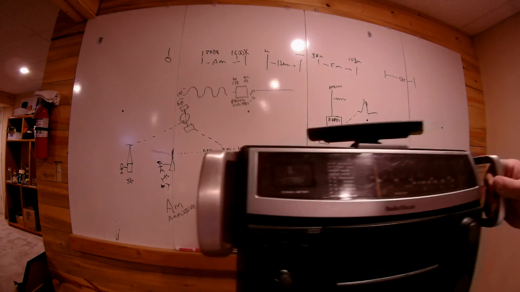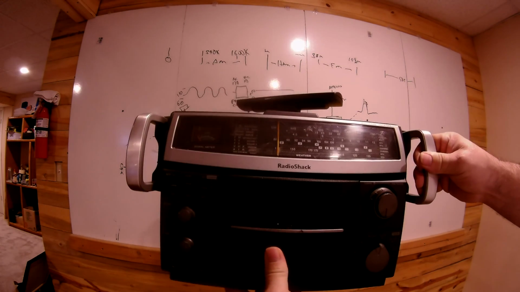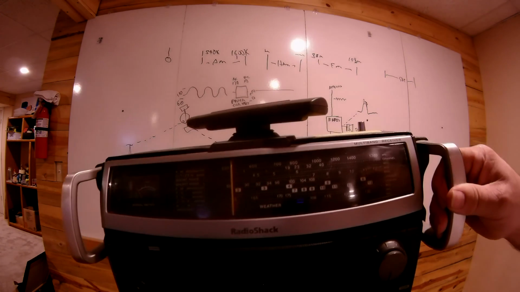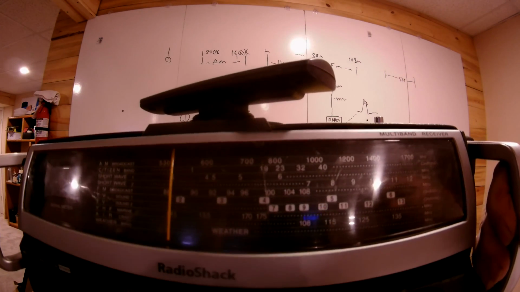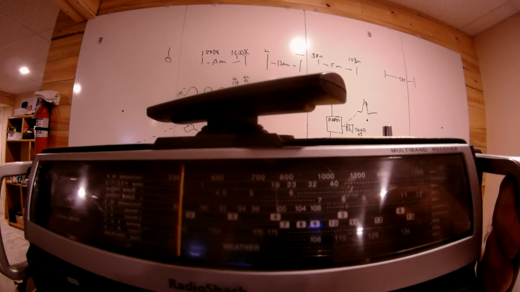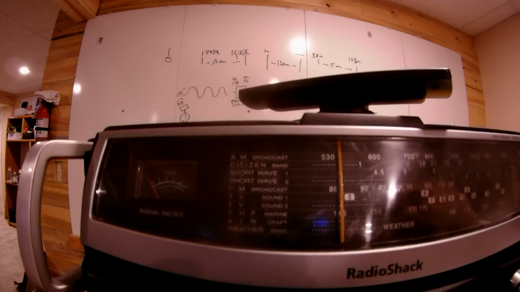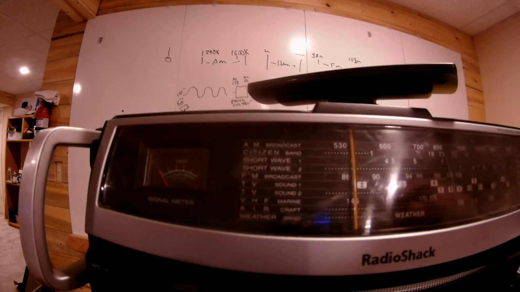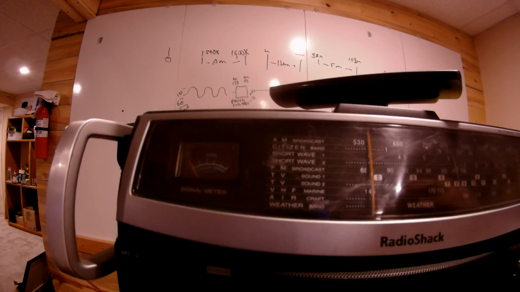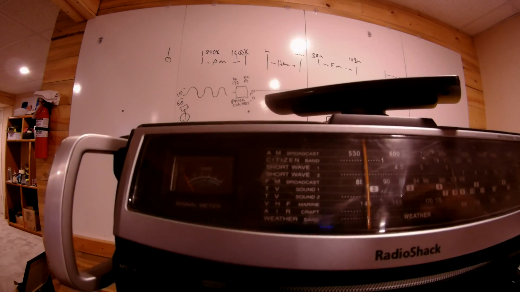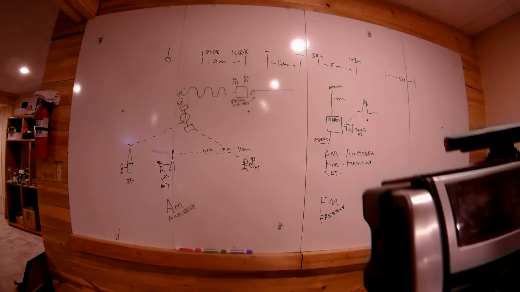I have to hold it this way. So this is what's known as the shortwave radio. If you look real hard, it's got a lot more different frequencies in it. It can do, if you look right here, I don't even quite see that, but you got citizens band, you got AM, you got shortwave, you got FM, FM TV, which doesn't exist anymore, UHF, VHF, air traffic.